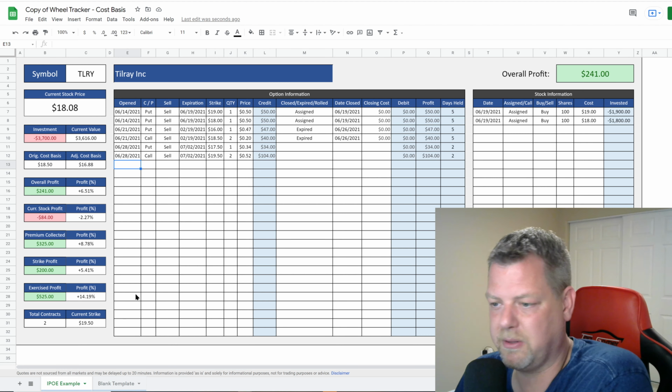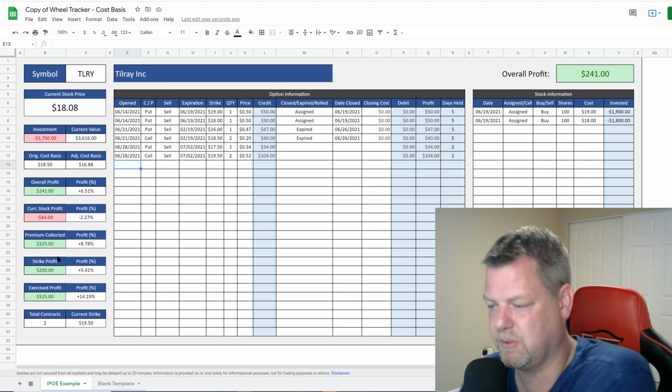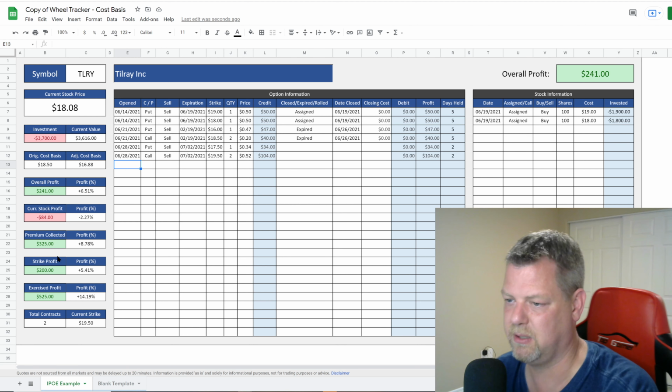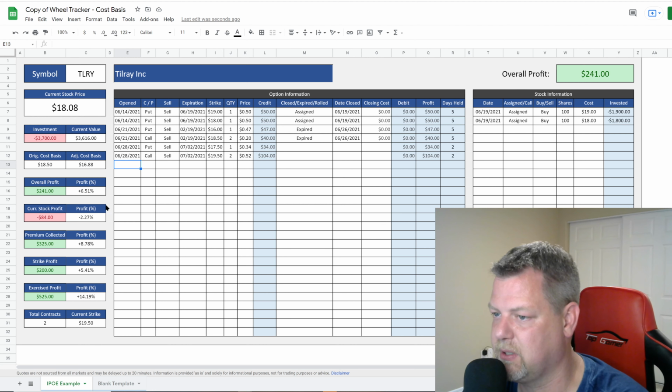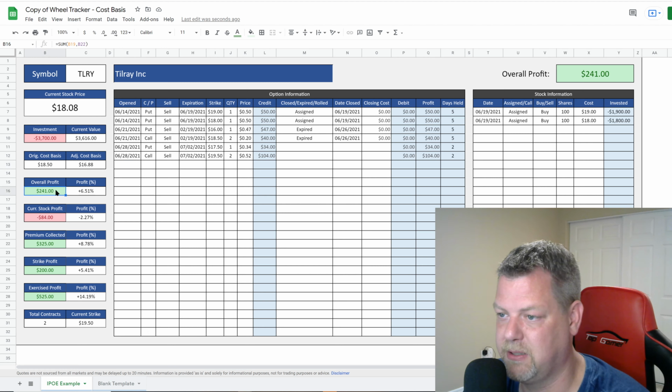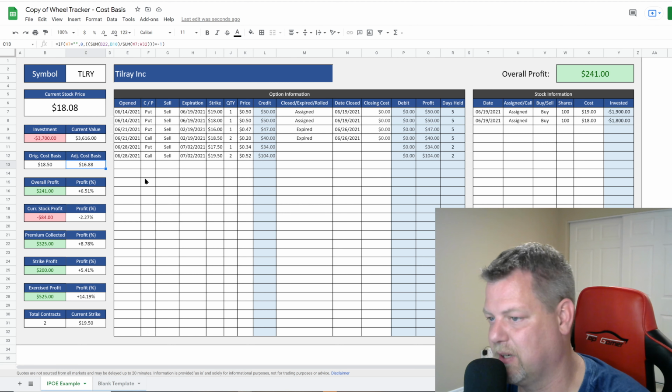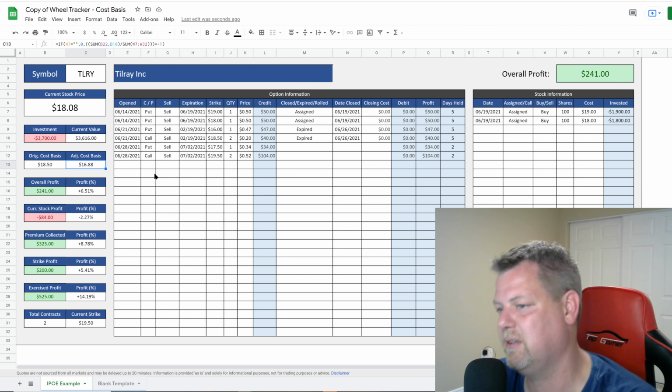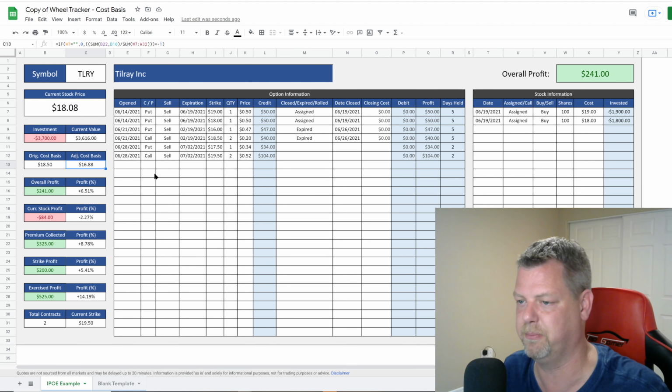The only things that I really don't like, I think for somebody who's intermediate, some of this could get confusing. Like if you're running this wheel and you've made $241 and the shares have only cost you $16.88 somehow, then you feel like you're profiting on both ends.